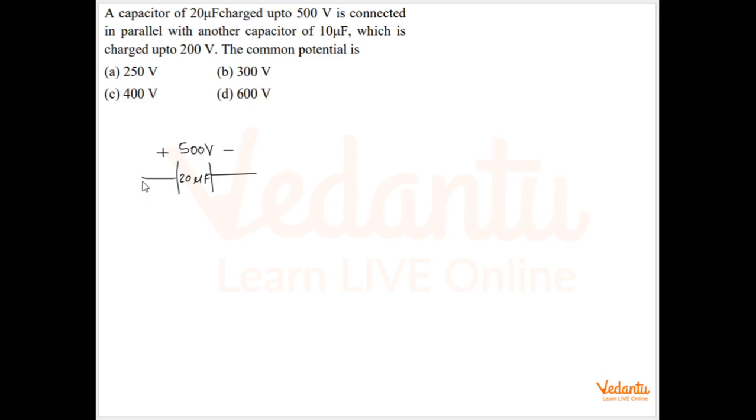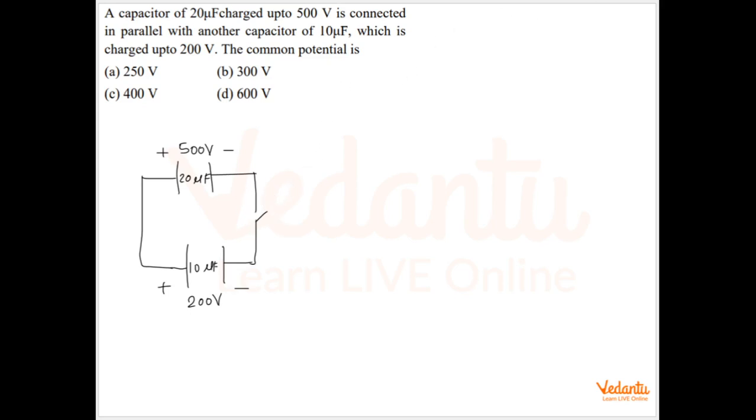And it is connected in parallel with another capacitor of capacitance 10 microfarads, which is charged up to 200 volts. When this switch is closed, my dear bacha log, we have to calculate the common potential.